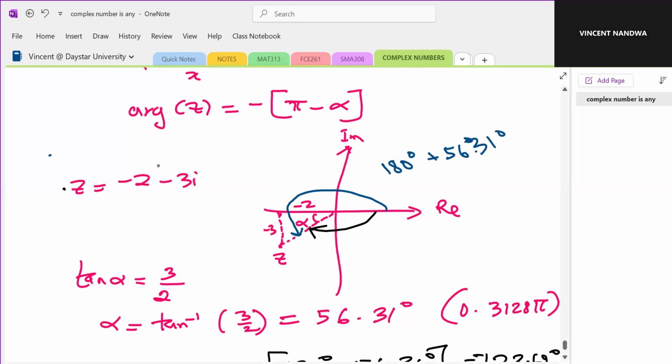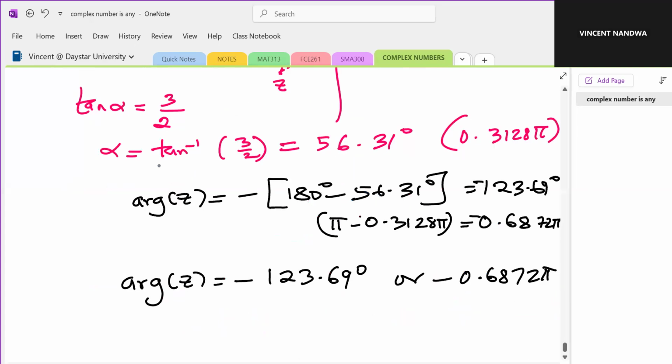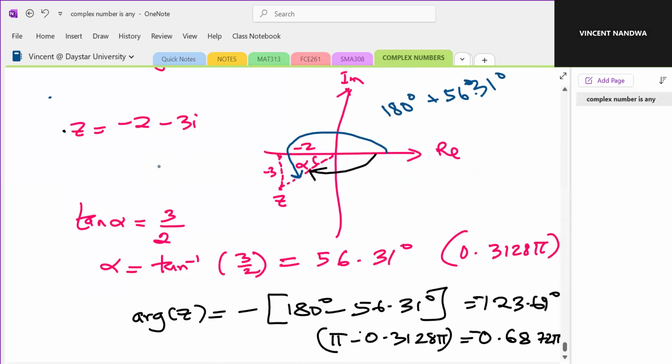So 180 plus 56.31 is 236.31 degrees. Please note that if you take the tangent of this angle and the tangent of this negative 123.69, you actually get the same value.